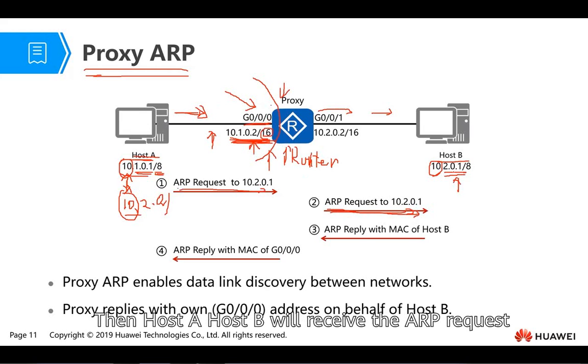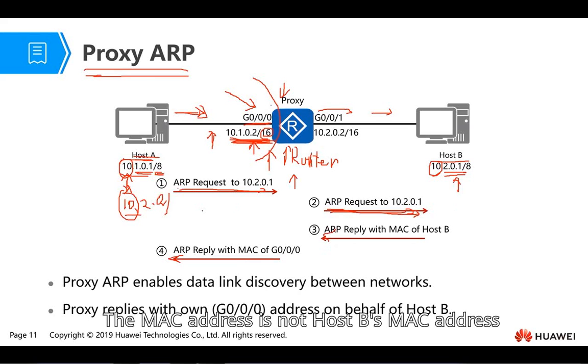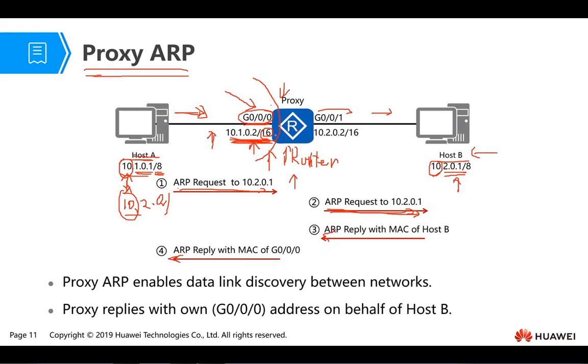Then host B receives the ARP request and replies. After the router receives this reply, the router will reply to host A. But in this reply, the MAC address is not host B's MAC address, but the GigabitEthernet 0/0/0 MAC address.